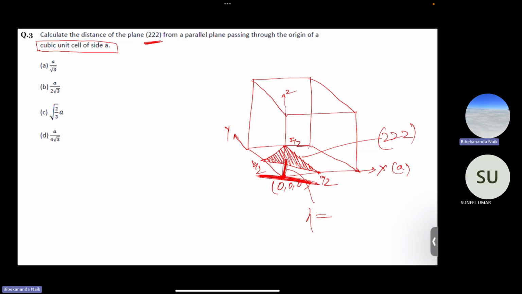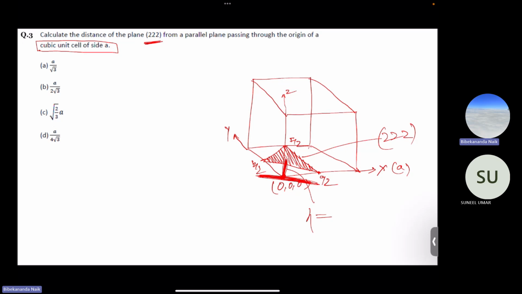So this distance is nothing but the interplanar distance between the two planes, since 2, 2, 2 means a by 2, b by 2, c by 2, and the same plane which is parallel to the plane 2, 2, 2 is passing through the origin. So this distance d is the distance from this origin to the normal that we have drawn.